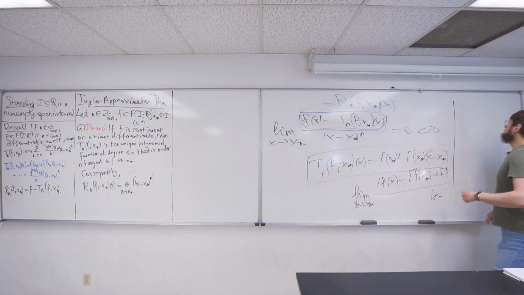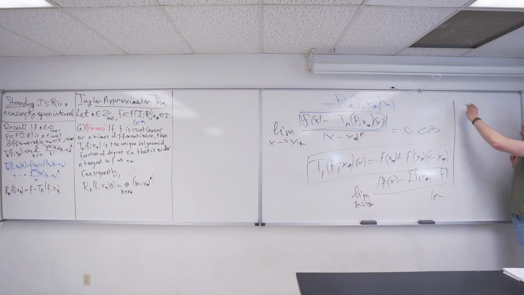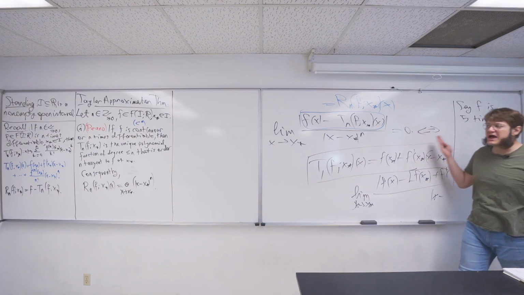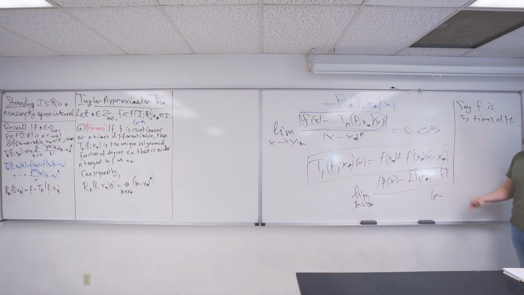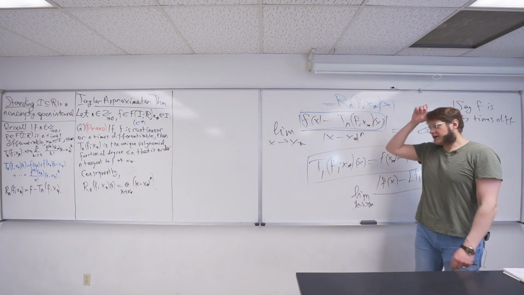Okay? And so say f is 5 times differentiable. For whatever reason, you have this hypothesis coming from somewhere. Say in your model, you already require that your lowercase f is 5 times differentiable. Okay?